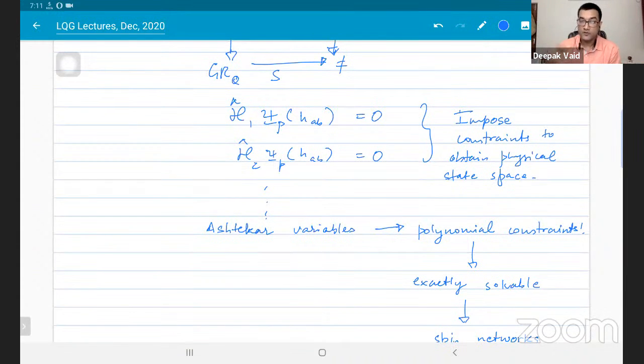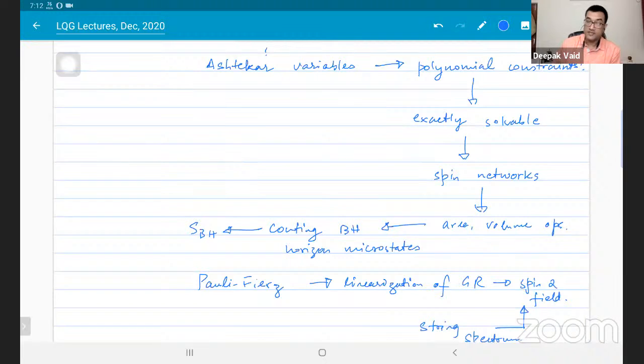And then when you go back from the quantum theory to the classical theory, you will get some corrections to Einstein's equations, which is always the case when you go from classical to quantum to classical. But at least the spirit of background independence should be preserved. Loop quantum gravity succeeds in doing that, because these spin network states are completely background independent. They don't depend on any geometry. In fact, geometry emerges from these spin network states.